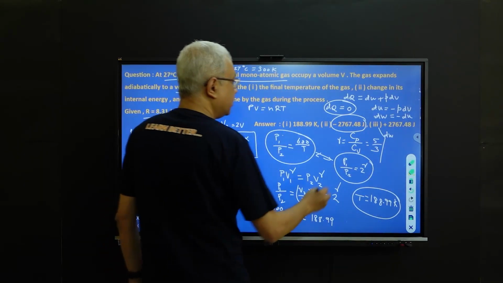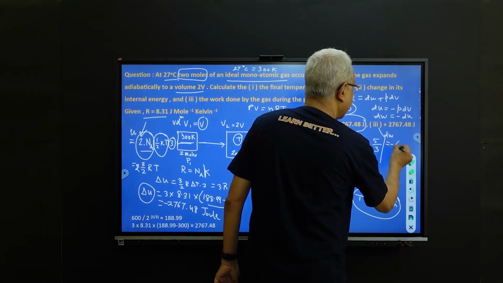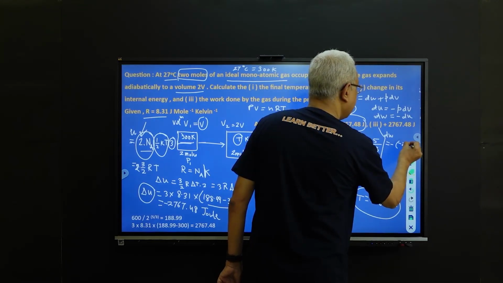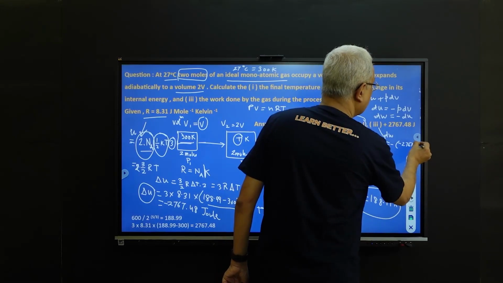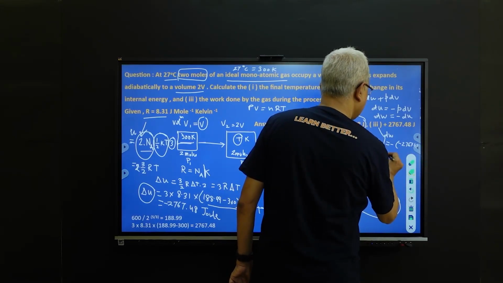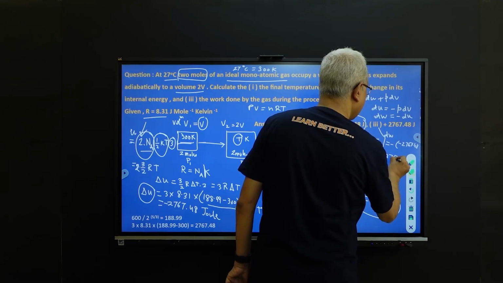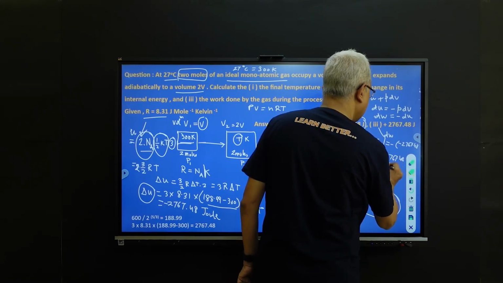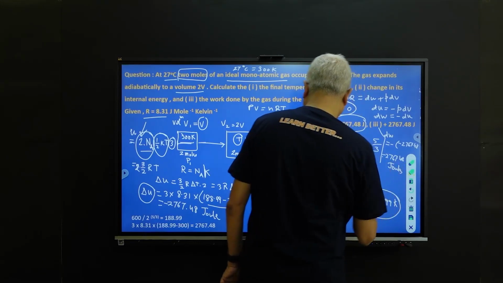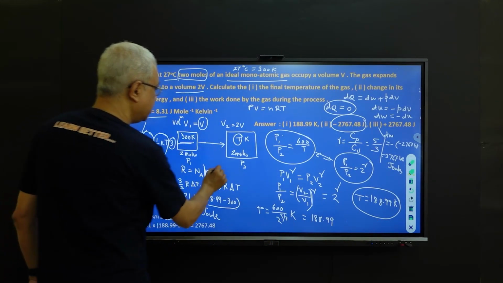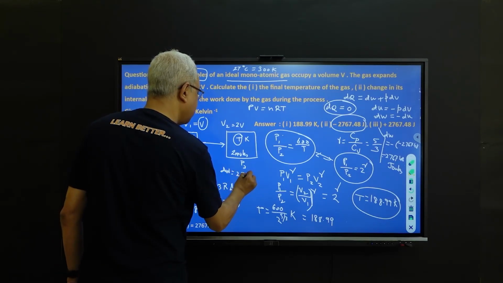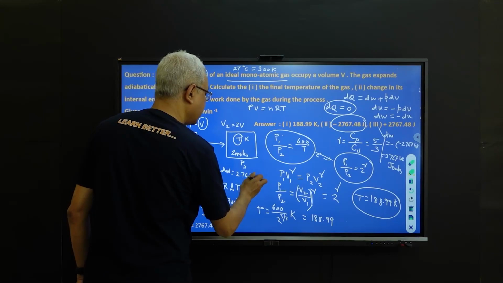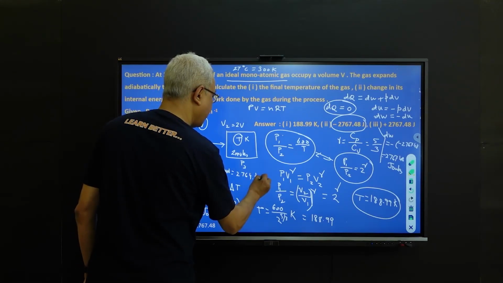So it is negative of negative 2767.48 joule. So it is 2767.48 joules. So dW is 2767.48 joule.